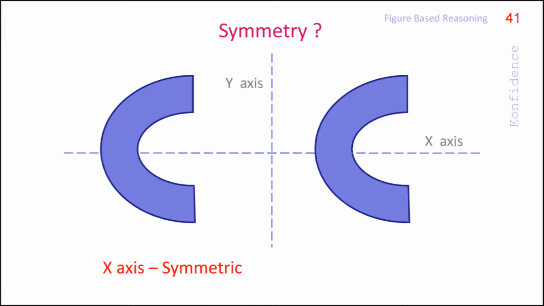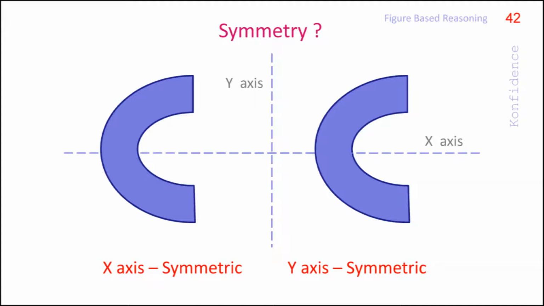It is obvious that across x-axis the figure is symmetric because along the axis, if we fold the figure, one half will fill exactly the other half. That is symmetry. With y-axis, that sort of symmetry does not happen. Across that, we cannot fold and fill one half with the other.